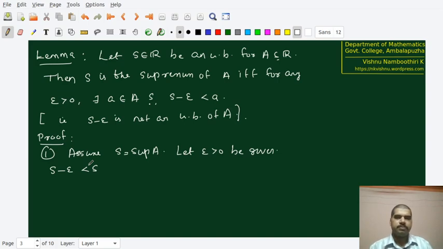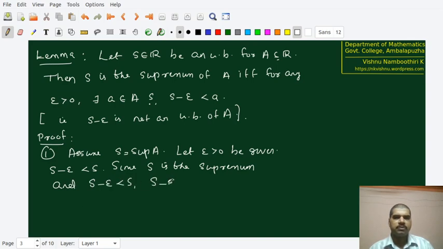That's very clear. What is the definition of supremum? According to the definition, the supremum is the least upper bound. And since S is the supremum and S minus epsilon is less than S, S minus epsilon is not an upper bound for A. So what is this simply saying?